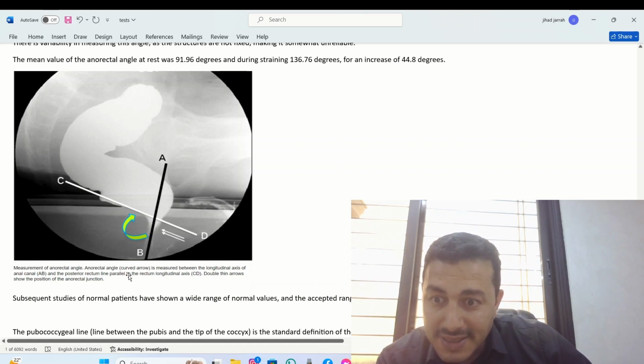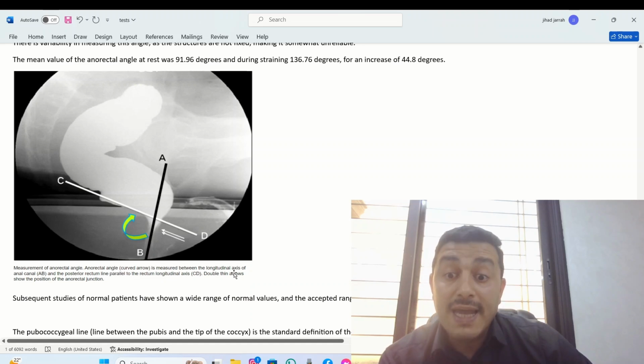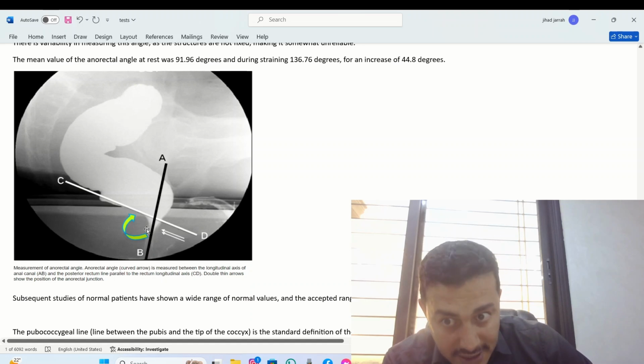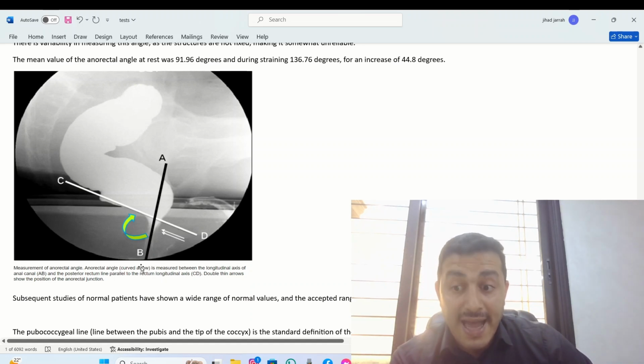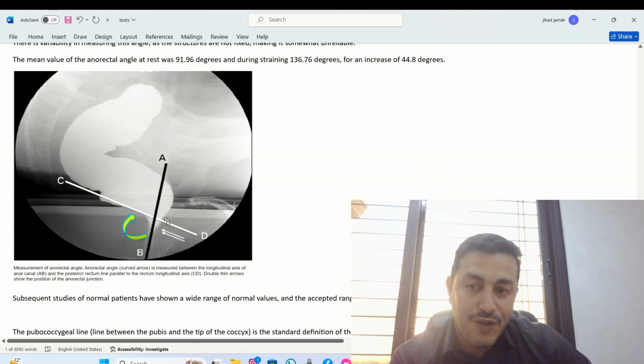Where is the letter A? The anorectal angle is measured between the longitudinal axis of the anal canal and the line CD, which is parallel to the posterior wall of the rectum.